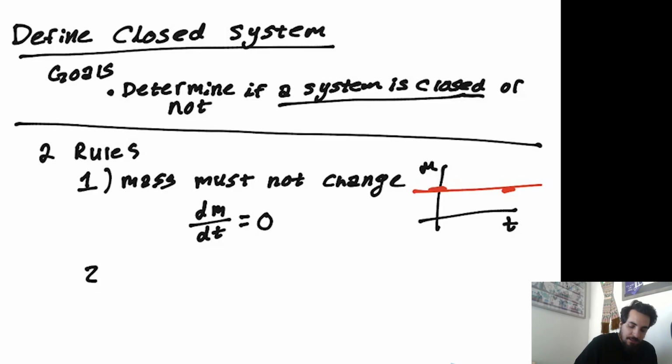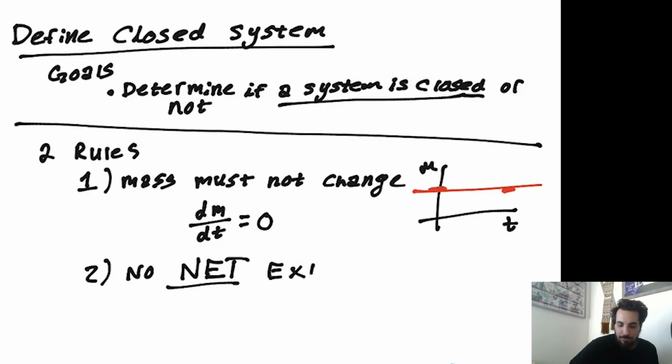The second thing that must be true is that there must be no net external forces. I'm writing that big and bold and underlining it for a reason. Why it's important to be specific about the net is that forces external to the system are going to exist.